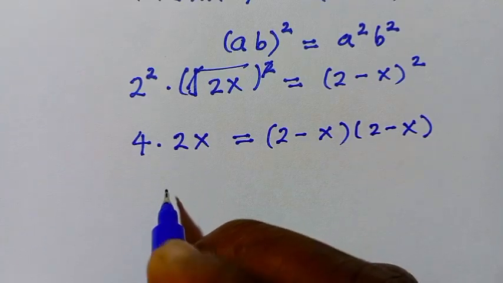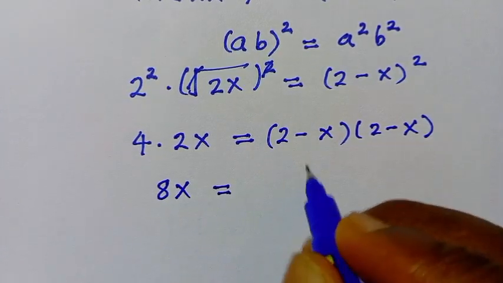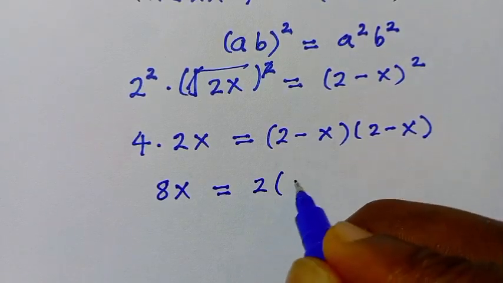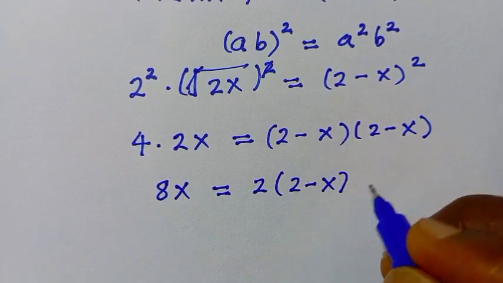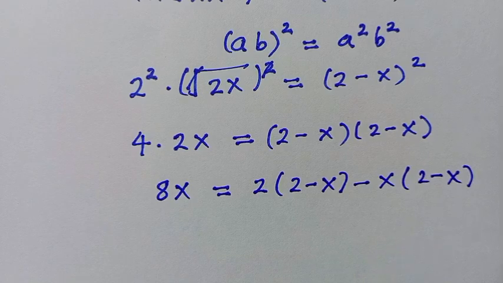Then 4 multiplied by 2x gives us 8x equals, so when 2 multiplies this, we have 2 into bracket of (2 minus x), and also minus x to multiply this into bracket of (2 minus x).